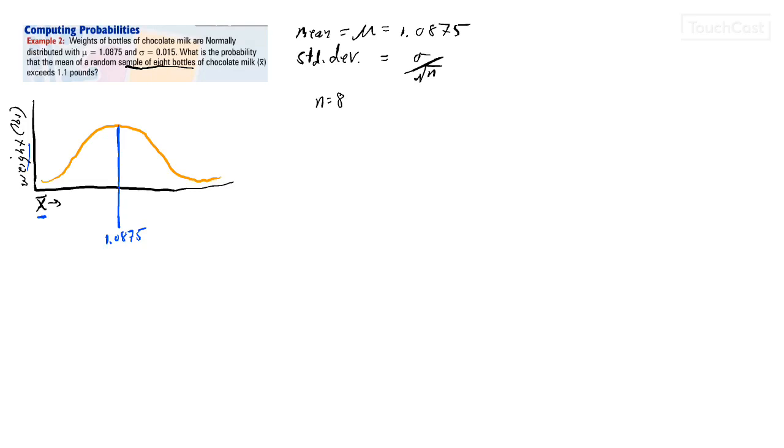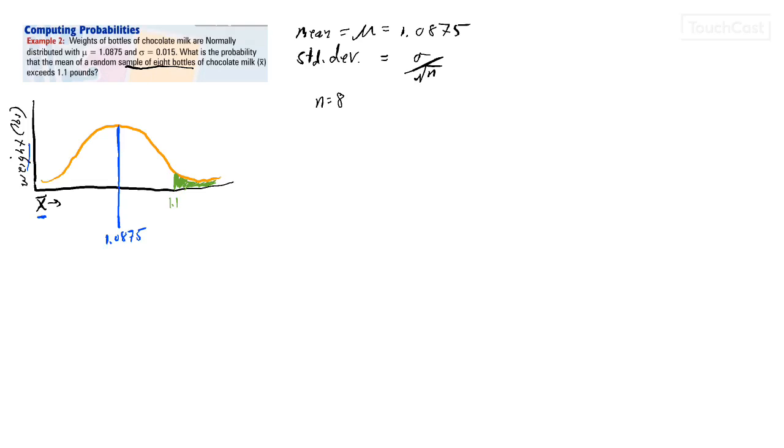We can also put the 1.1 pounds in here because we know it's somewhere out to the right, because it's greater than 1.0875. So let's just put it right here. And this is 1.1, and this piece of the curve is what we're actually trying to find out. This little bit right here.